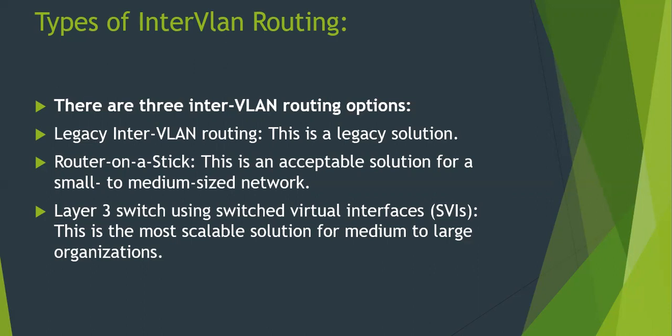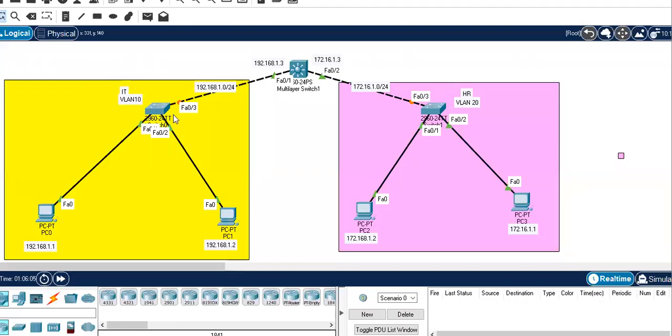Here we will be using a multi-layer switch so that you should be able to ping between different VLANs. We have two switches connected to the multi-layer switch, and we will be creating a DHCP pool within this multi-layer switch so that these PCs automatically get an IP address from DHCP.